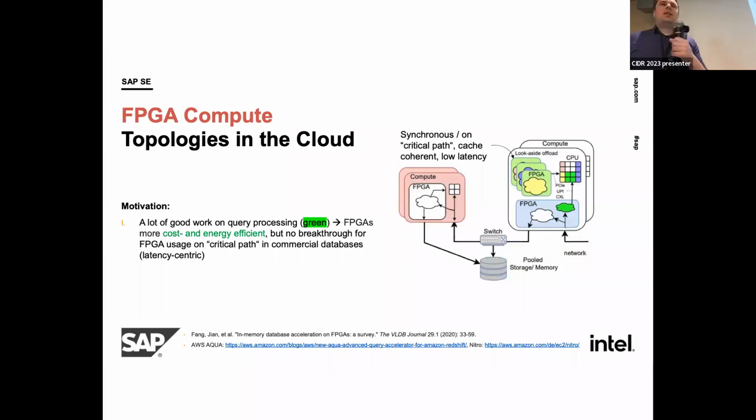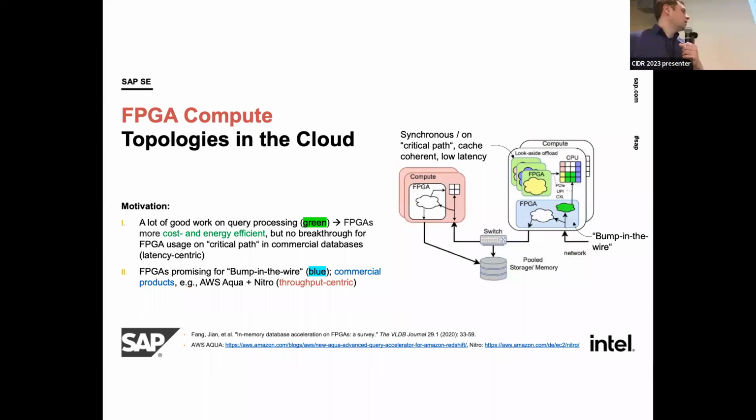It's usually set up in a cache coherent way, basically on the critical path, for low latency processing of queries, for example. And there's a nice survey that describes much of the excellent research on that. But up to our knowledge, we have not seen yet a system that uses FPGAs so close to the actual data processing on the critical path.